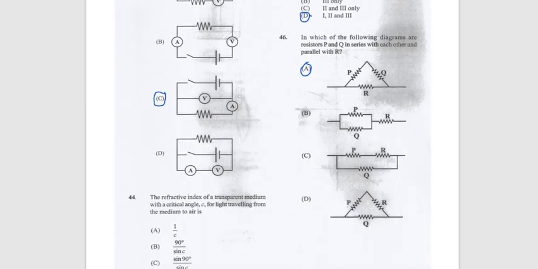In which of the following diagrams are the resistors P and Q in series with each other and parallel with R? So in A, P and Q are in series, and both combined are sharing voltage with R, so they are parallel to R.